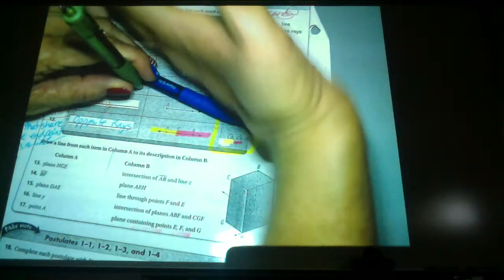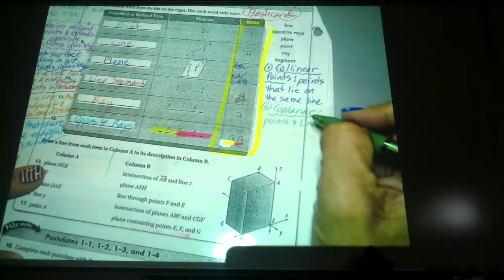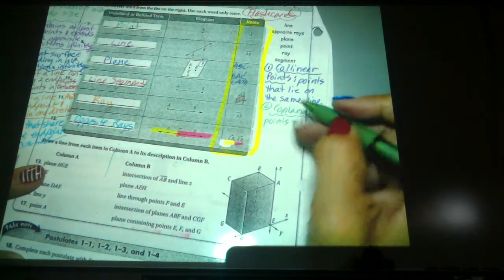And I could contain both of them because they're touching each other. But the minute I move them apart from each other, now can I put a paper through both of them? No. So these would definitely be non-coplanar. So coplanar just means points and lines that lie in the same plane.